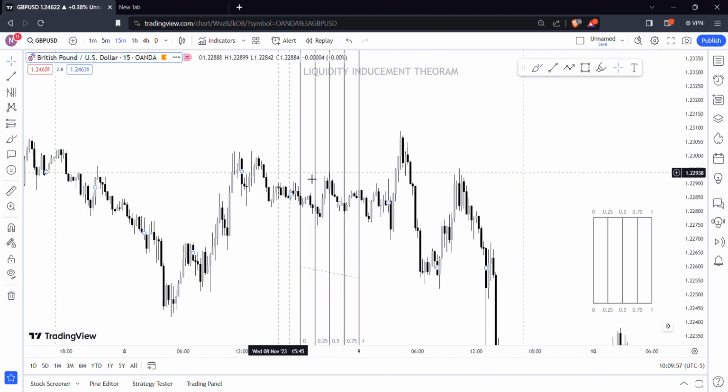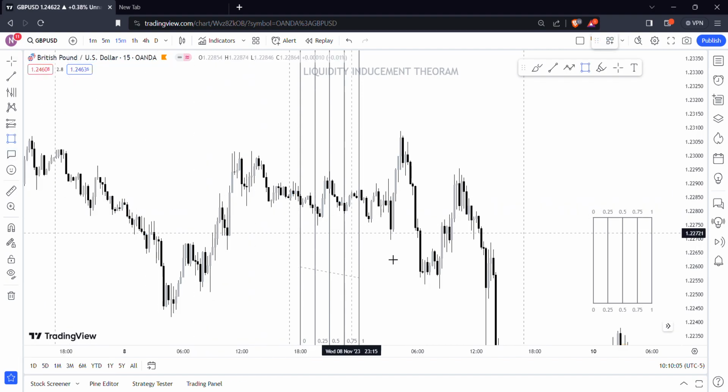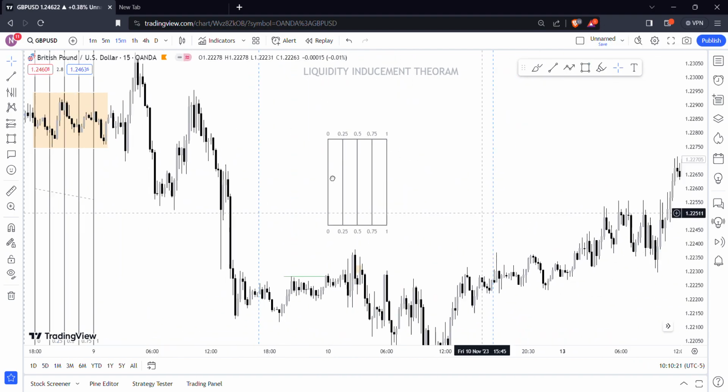The first cycle, Q1, is always accumulation of the orders, and Q2 is manipulation of the orders, Q3 is distribution, and Q4 is reversal or retracement and continuation. So this is Q1, which is the liquidity buildup, I mean accumulation.